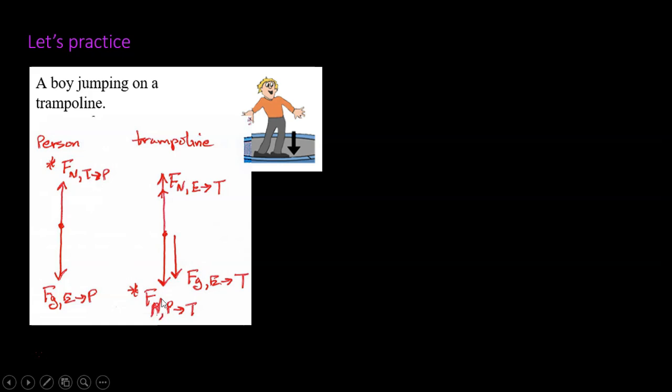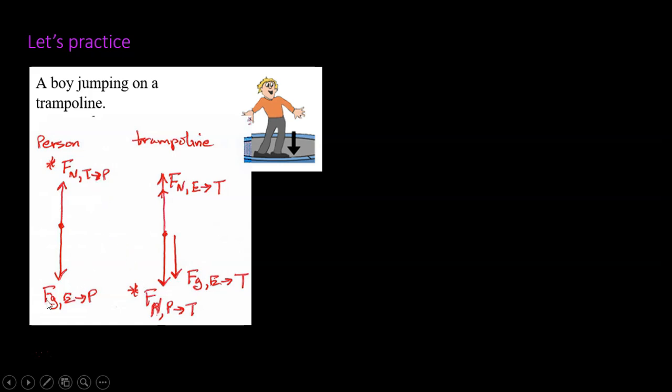Down here, this normal force also involves the person and the trampoline, and now the person is exerting the force on the trampoline. So these two forces create an action-reaction pair. It doesn't matter which one you call action and which one you call reaction.